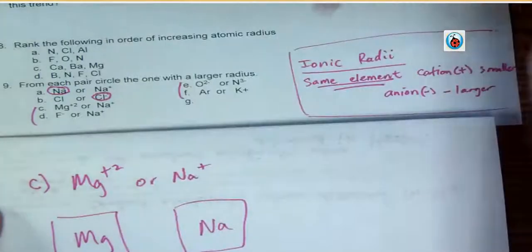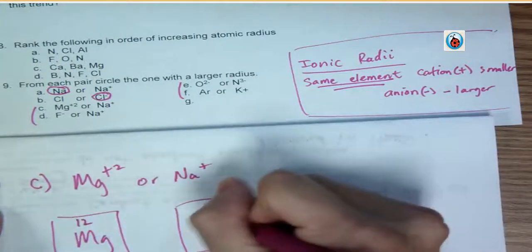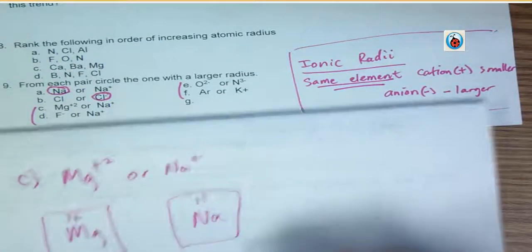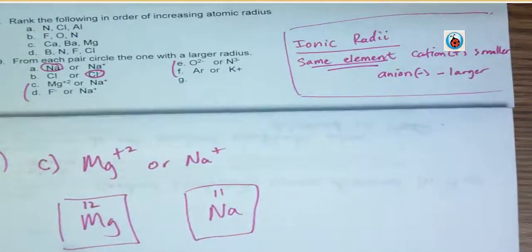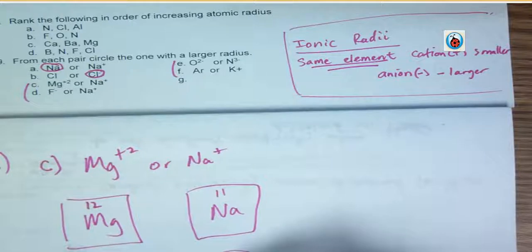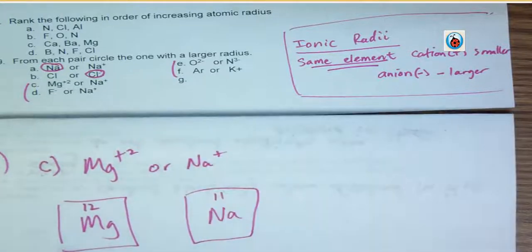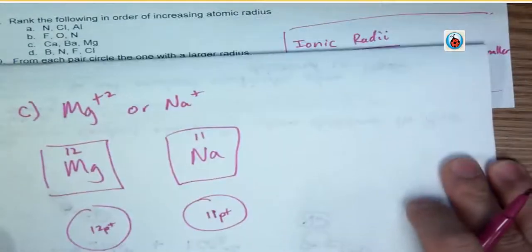Mg is atomic number 12, Na is atomic number 11. So in the nucleus of this magnesium, there are 12 protons. In the nucleus of this sodium, there are 11 protons, because that's what the atomic number tells us. Okay? 11 protons versus 12 protons there.